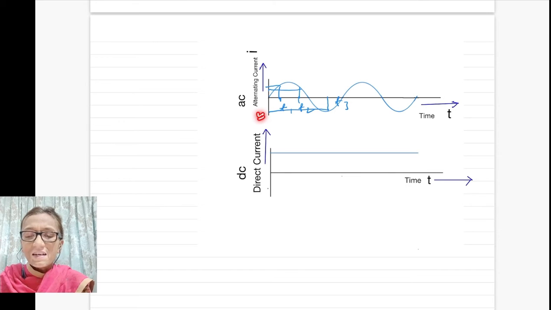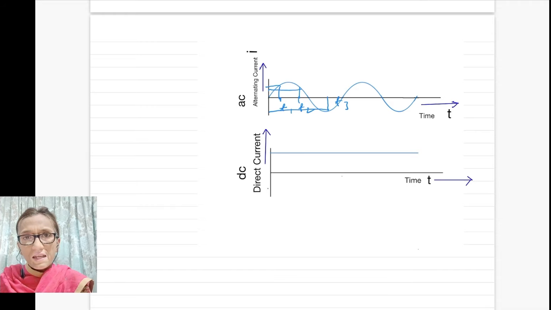You can see here, AC was along one direction, the positive direction. Then after the passing of half the time period, here half the time period has passed in one complete waveform. The total time taken is capital T, equal to the time period. When half the time has passed, the direction of AC is changed.